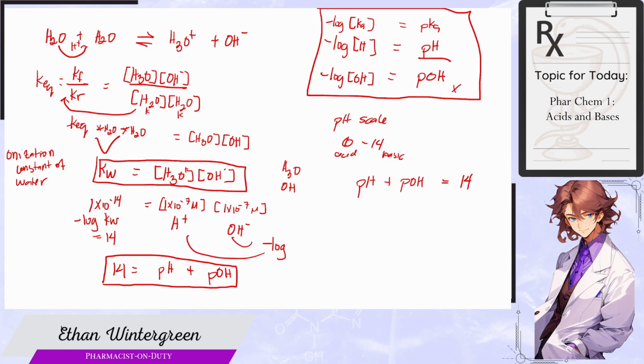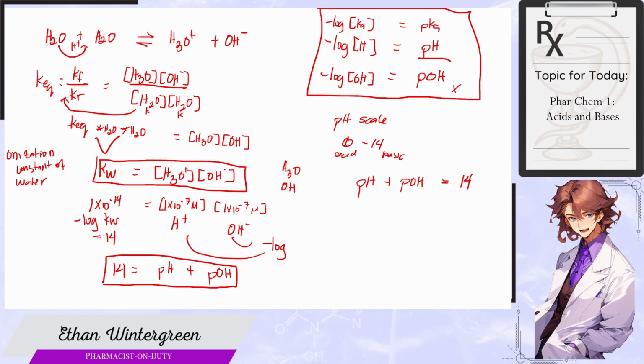Okay, so let's recap. We are now familiar with acids and bases. In terms of the Bronsted-Lowry definition, an acid gives off hydrogen, while a base accepts hydrogen. An acid or a base, when placed in water, would ionize. And an acid ionizing would give you an ionization constant of Ka.